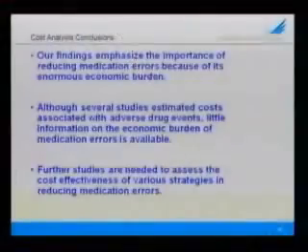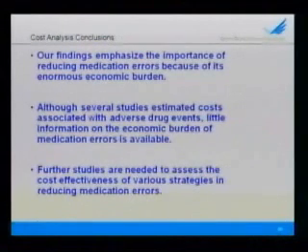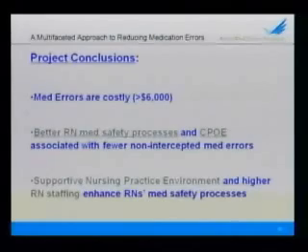Our study found the economic burden of medication errors to be enormous. So, what's the impact? This study was among the first to qualitatively describe what nurses do to intercept medication errors and keep their patients safe, and then quantitatively link those processes to fewer medication errors across a variety of multi-site units.